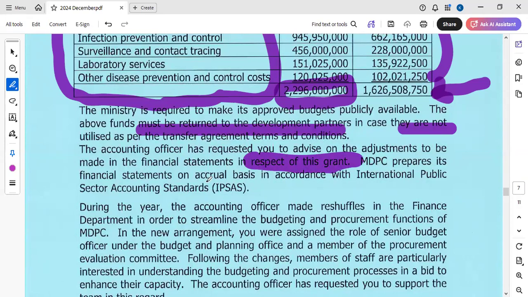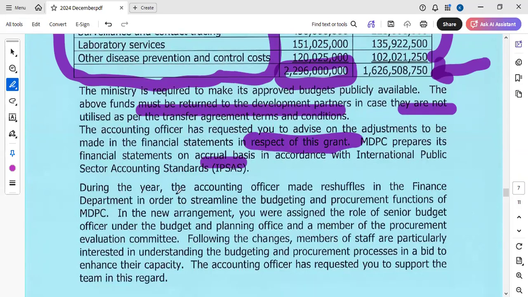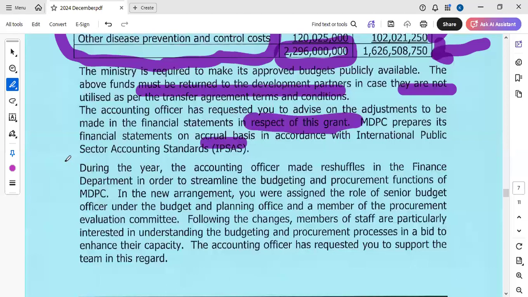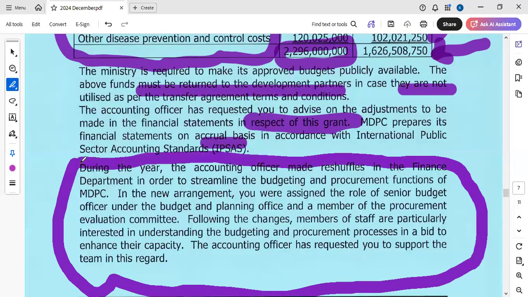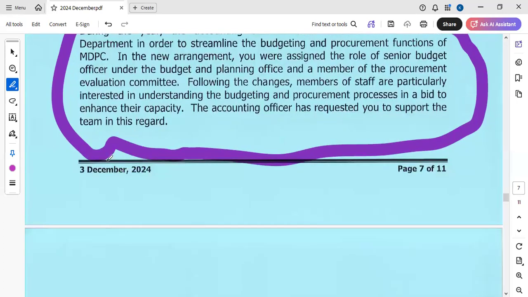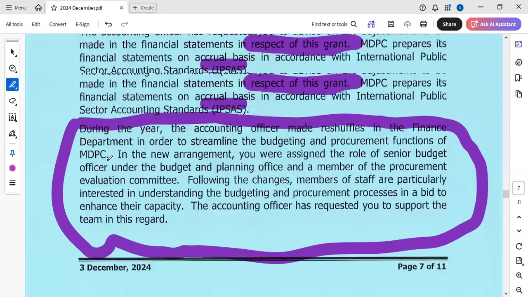MDPC prepares its financial statements on accrual basis in accordance with the IPSAS, International Public Sector Accounting Standards. I am not going to waste time reading this last paragraph. It was there just to ask you the theory question.